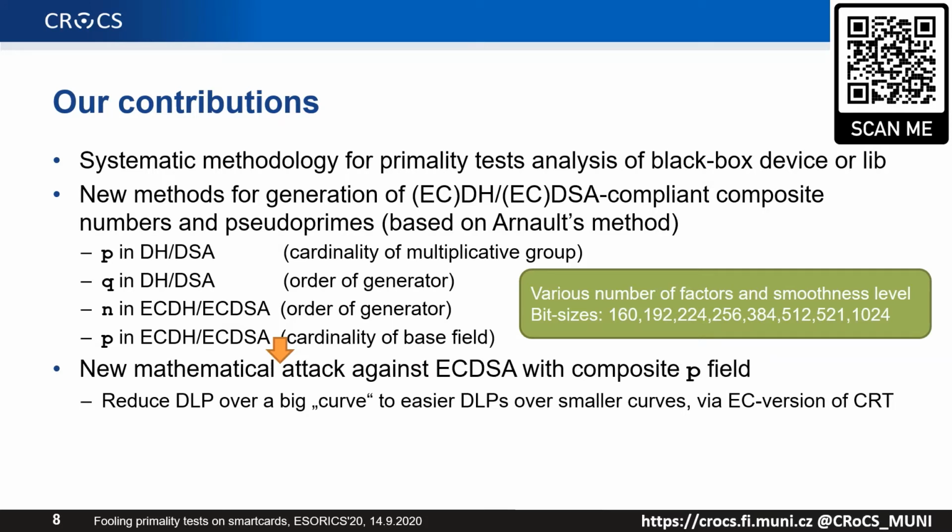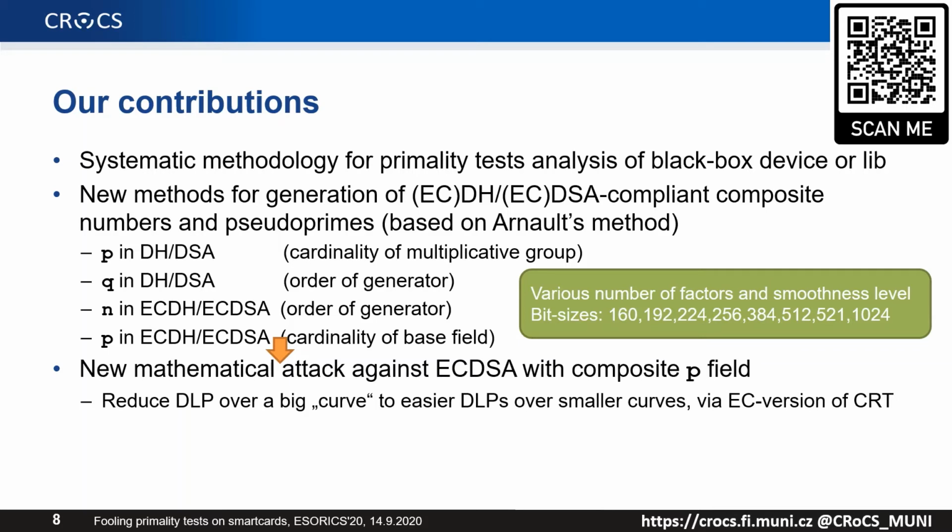For the first 3, there are already known attacks, so you can just directly apply them. But if you start doing computation with P not being prime in ECDSA, for example, then there was no known attack, so we developed one. If you are interested in details, just look into the paper.